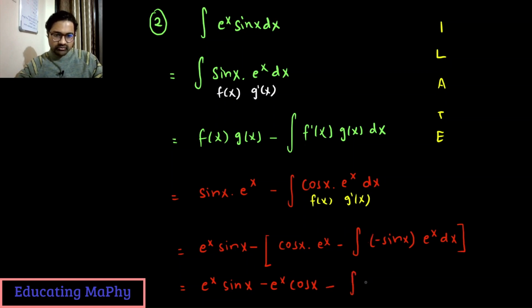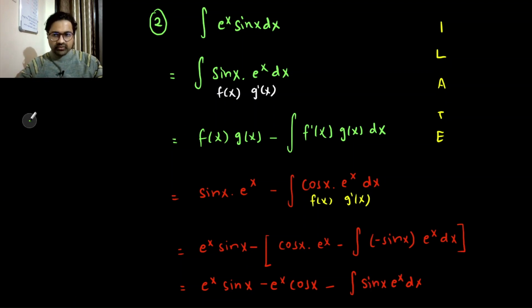So minus integration of sine x e raised to x dx. Well, once again, that's a product of trigonometry and exponential. So don't you think we are stuck in a rabbit hole? This is again and again turning into the same, because if we do this again, it will again become cosine. So we have to find a way to get out of this so-called whirlpool.